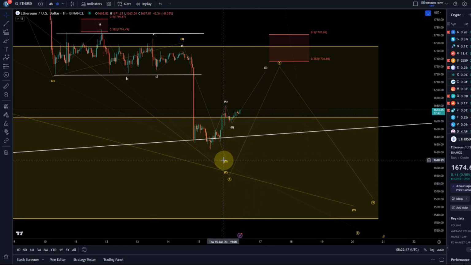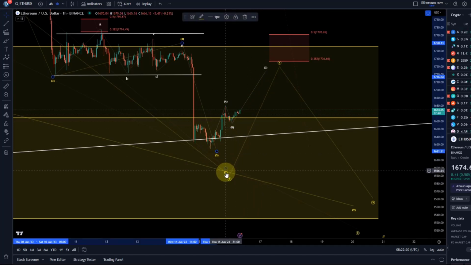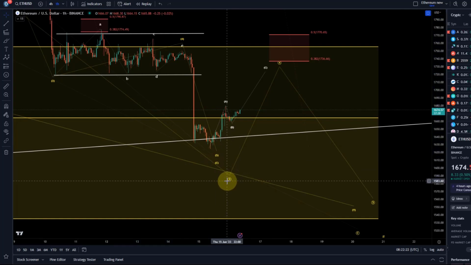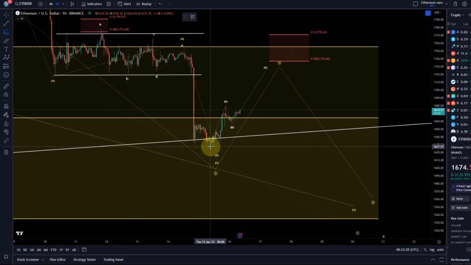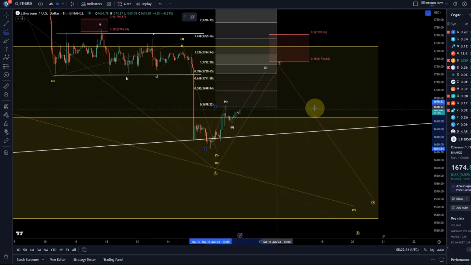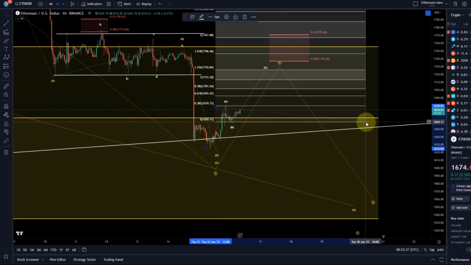Until then, this is classed as corrective upside within the anticipated wave 4 rally, if you want to call it a rally. It's not really much of a rally. What would be targets here? I've labeled it as an ABC structure. What would be the target for the C wave? If I take the length of the A wave and go to the low of the B, then I'm looking at a first target around 1692, 1693.